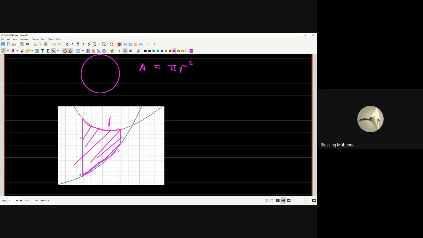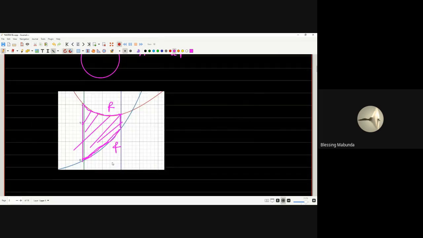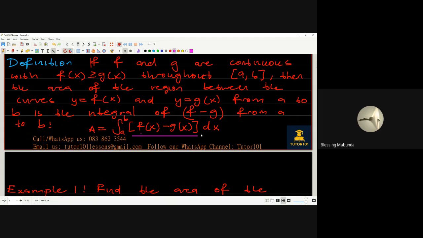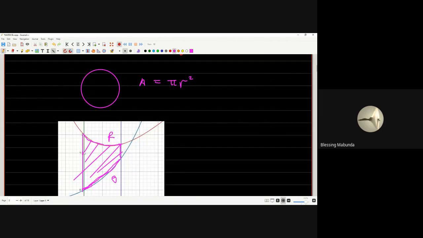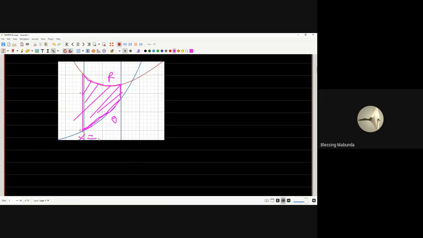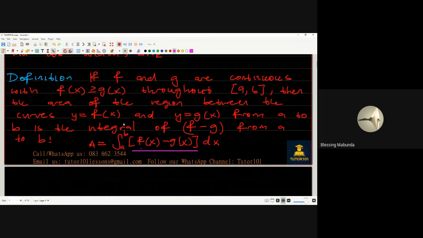So our f and g here, this is what we're looking at. We consider the top function and we subtract the bottom function from that. And this here is what informs our bounds, x is equal to a, x is equal to b. So we're going from x is equal to a to x is equal to b. That's based on how the function is bounded on the left and right sides.